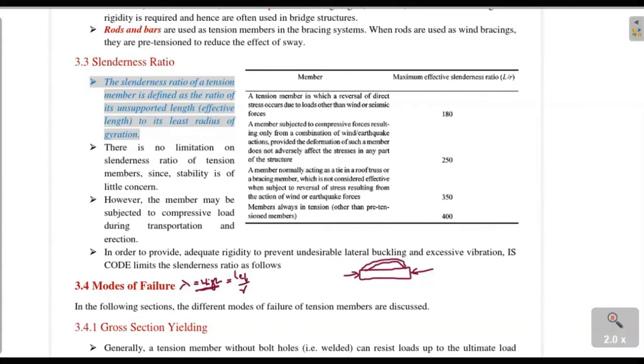As I told you earlier, when you take a long stick and try to apply a compressive force on both sides, it is not going to get crushed or rupture. What happens is it is going to bend, right?